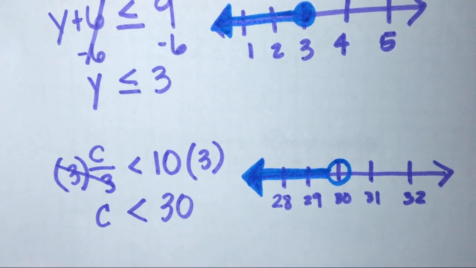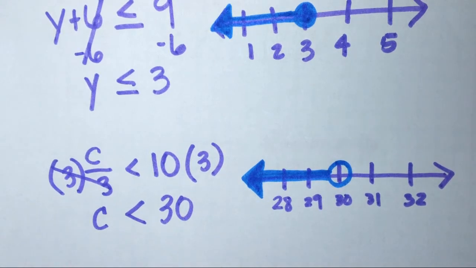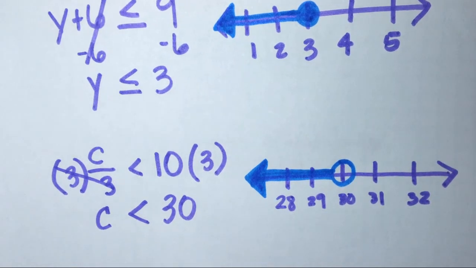No, you don't have a yes or no answer to this. Your answer is C is less than 30. The others, it's where it's given you the value, and you have to decide could it be true or not. So you're doing two types of problems here. One you're actually solving. The other, they give you a solution, and you tell me if it works or not.